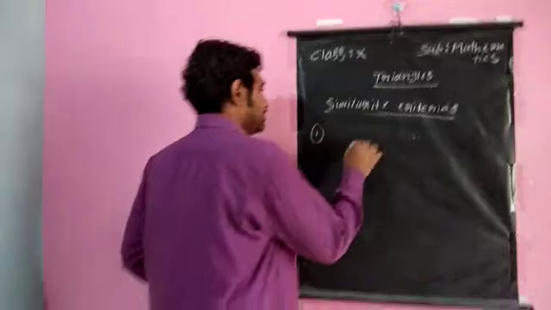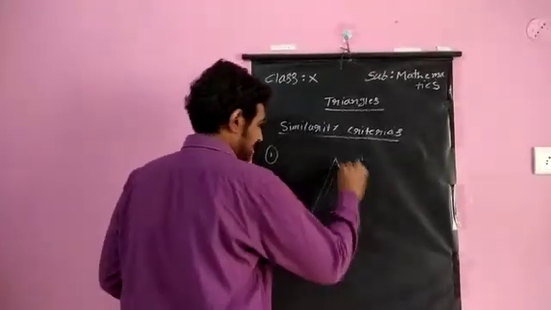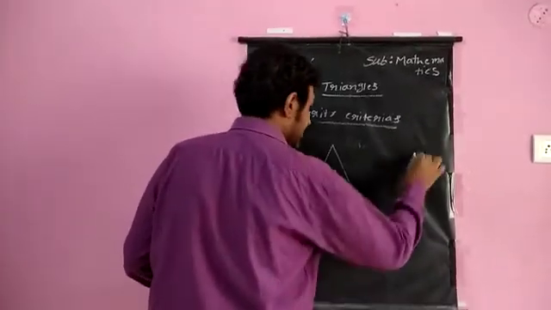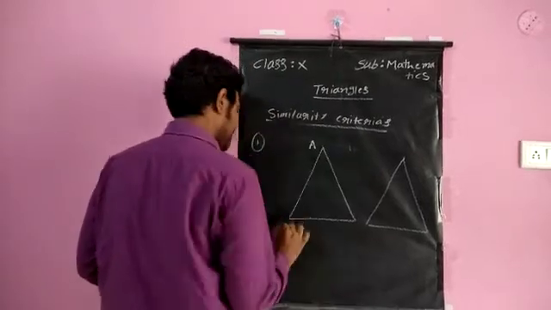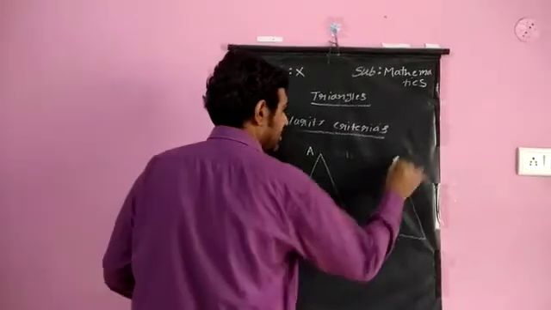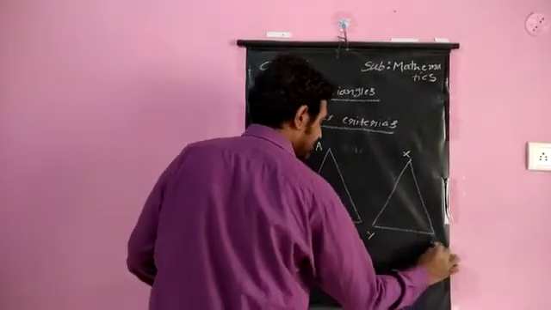For example, let me take two triangles. The first one I am naming as ABC, and the other triangle as XYZ.